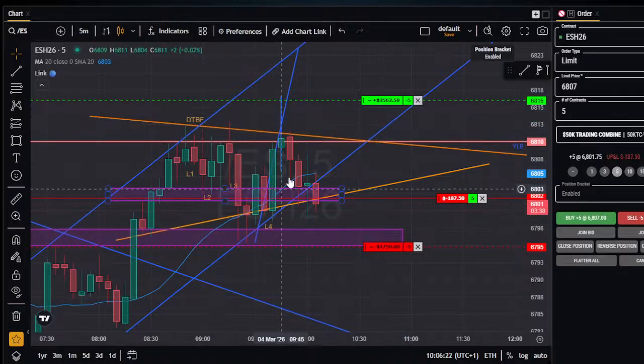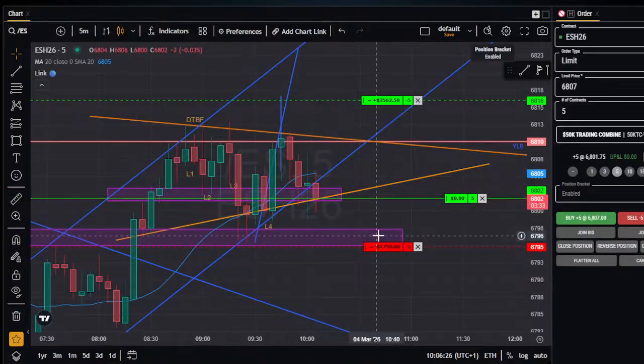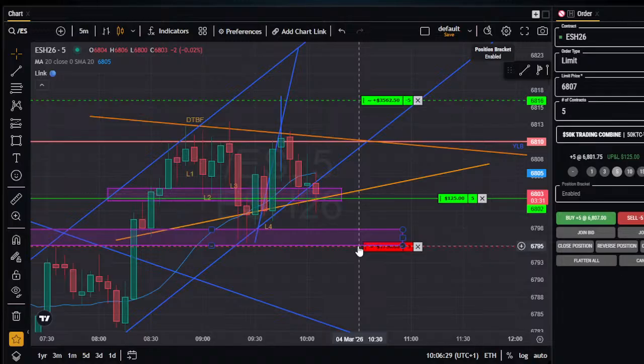because now we have a broader trading range, and this is actually nothing special at strong resistance.